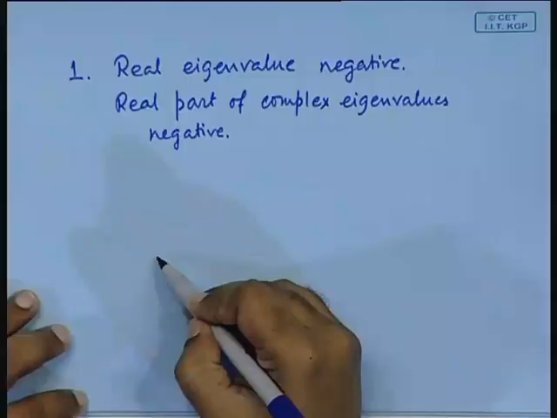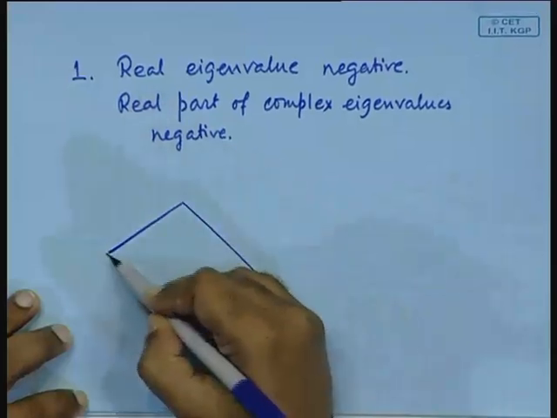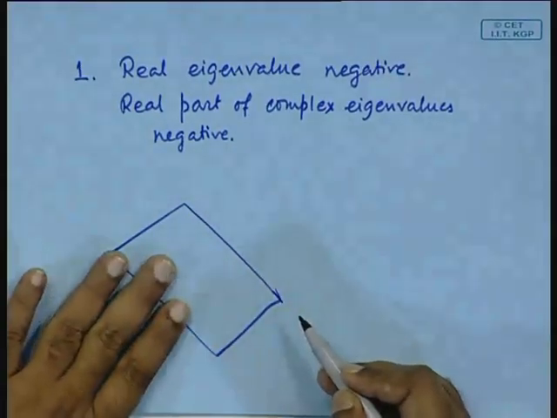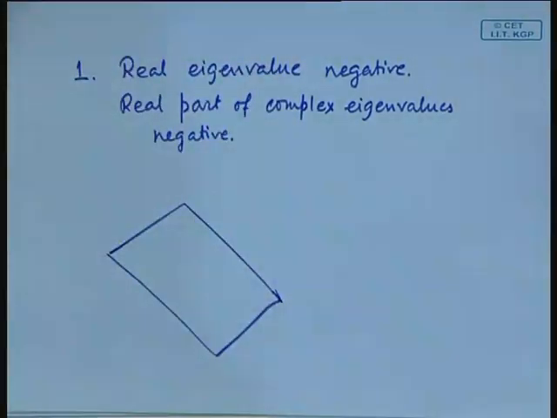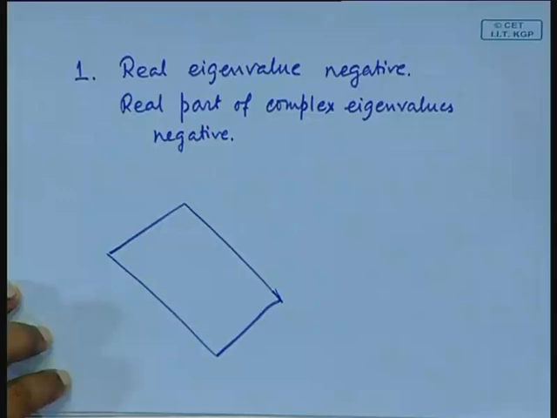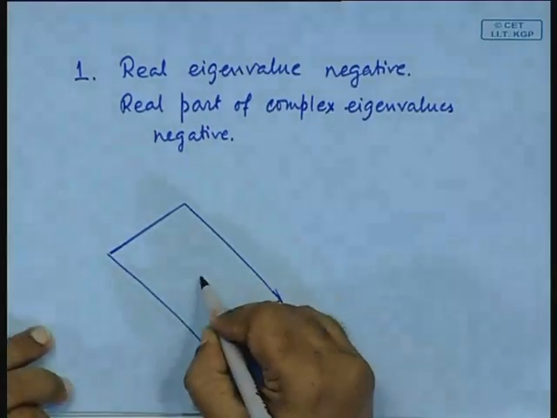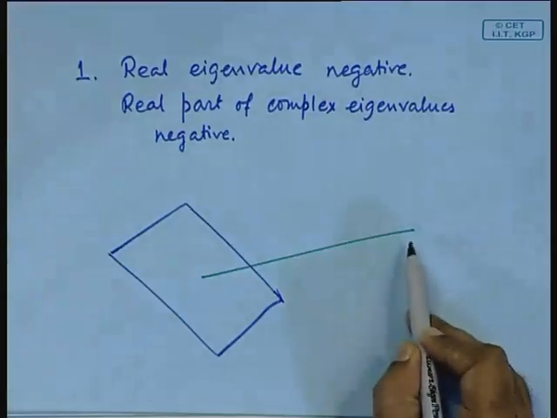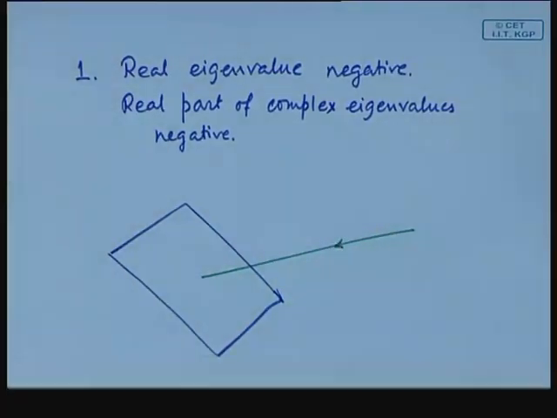It is not exactly like a screw when we think of it. Suppose you have this plane as the eigen plane, evaluated the way I have just shown, the eigen plane associated with the complex conjugate eigenvalues, and suppose this is the real eigen direction.